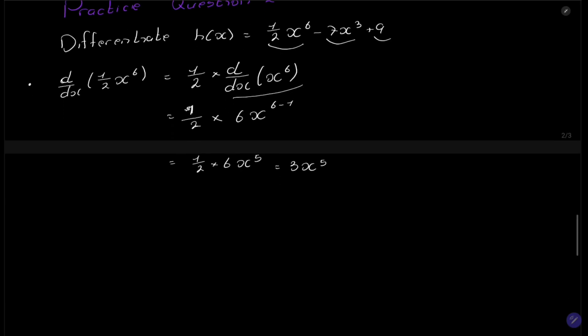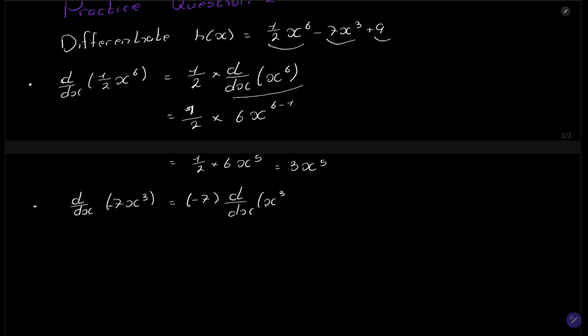Moving on to our second term, the derivative with respect to x of negative 7x cubed. Let's add the negative in this case. We could still leave it out, but let's add it here for all of us to understand the different methods. It's the same thing as we isolate first of all the constant, which is negative 7, times the derivative with respect to x of x cubed.